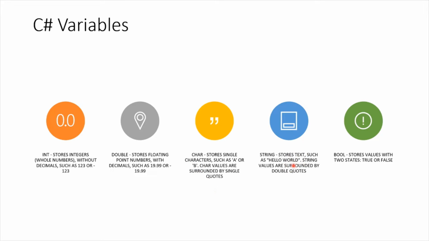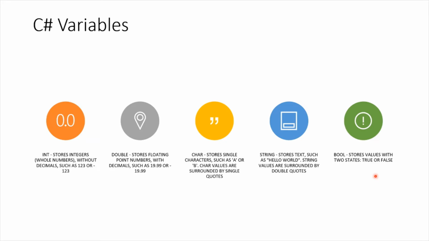And then you have a string, which is an array of characters, which stores long sentences like hello world. And bool, which stores true or false values. So variables are containers for storing your data values.